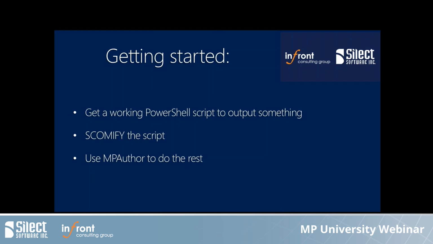Basically we need to add a few components to the script that SCOM is going to use to leverage its own API and then handle the output. I'll show that in greater detail, and then once we have that done, we just use MP Author to do the rest. Very straightforward. Let's get started.